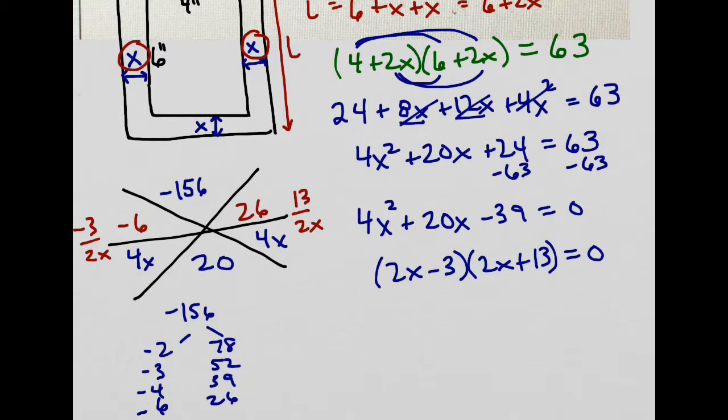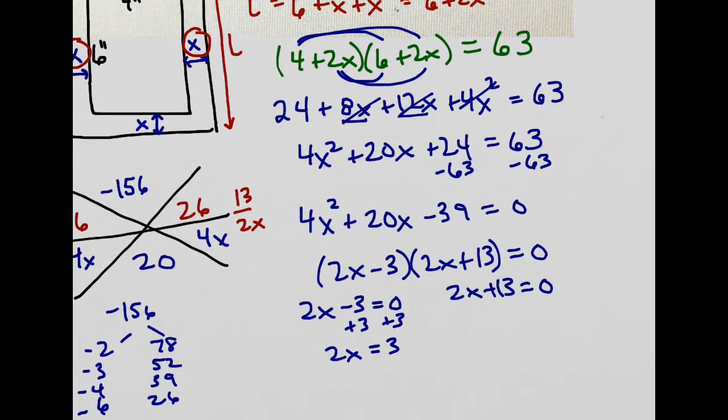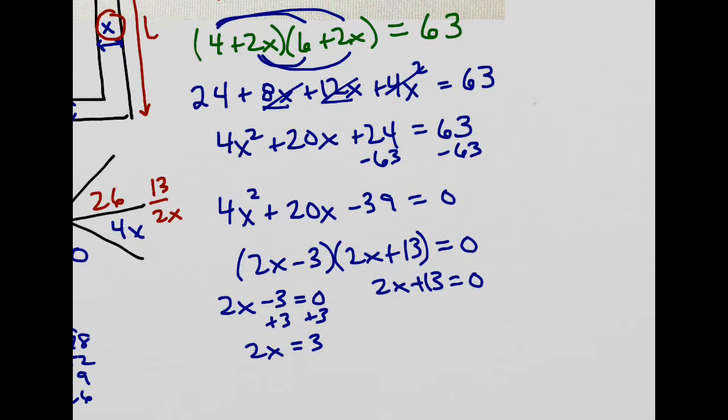So to find my solutions, I just need to set each of my factors equal to 0. Okay, so on this side, I can add 3 to both sides. 2x equals 3. Divide by 2. So x equals 3/2 is one solution.